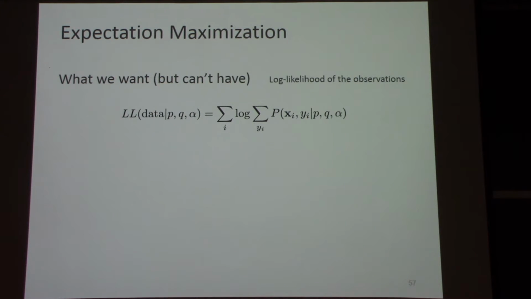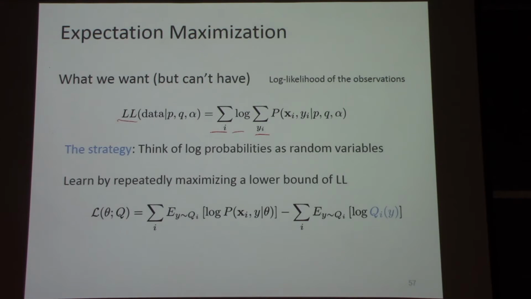Here LL is just shorthand, and this is very often used in books and papers. LL is just the log likelihood. We're maximizing likelihood, which is the same as maximizing log likelihood, and what we want is to maximize this sum of log of sum, where yi is the label.